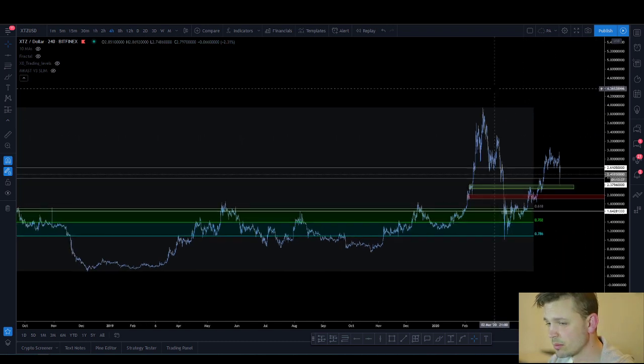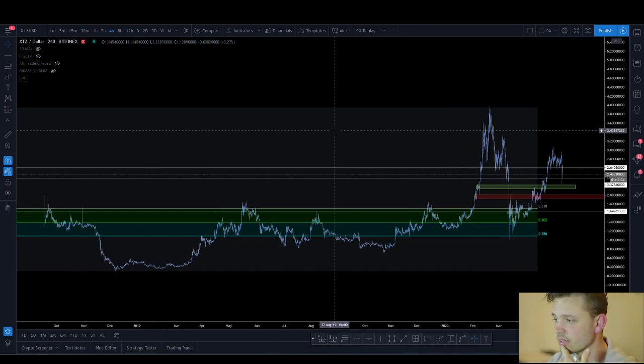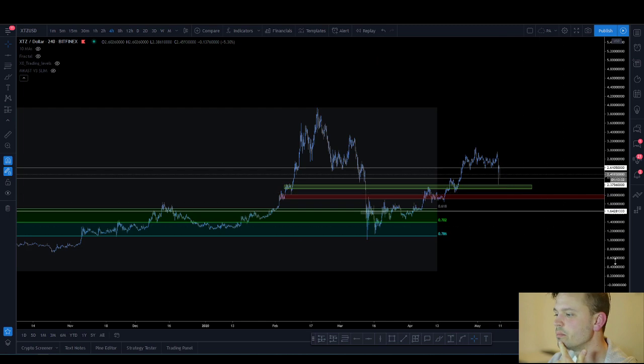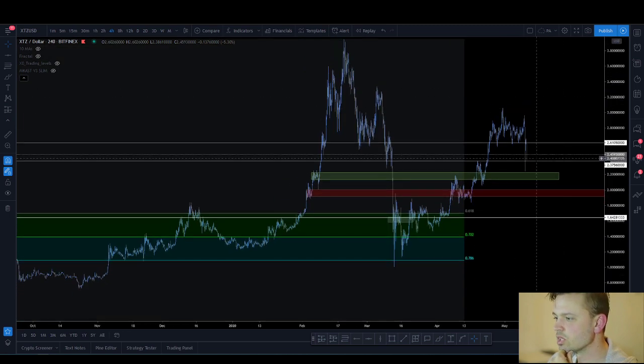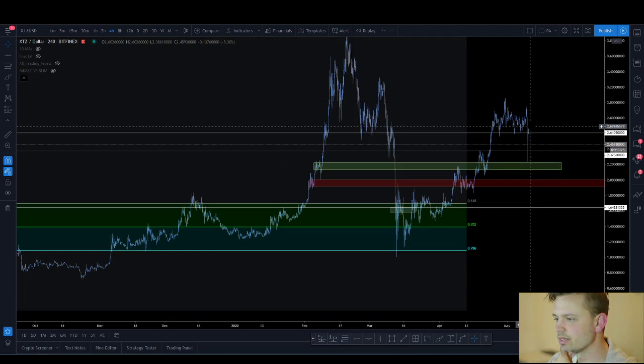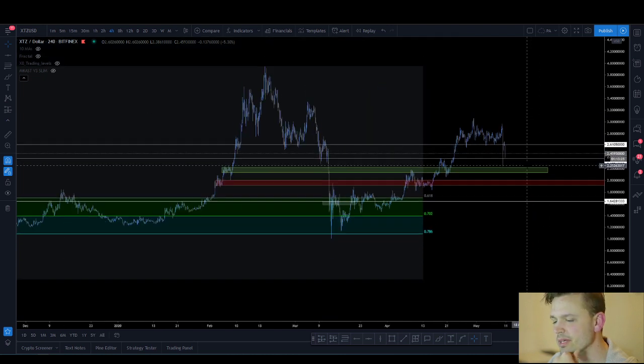The USDT pairs obviously go with Bitcoin's price action. As long as Bitcoin is bearish, I'm definitely bearish on this. And I would not be in any altcoin versus USDT positions right now.